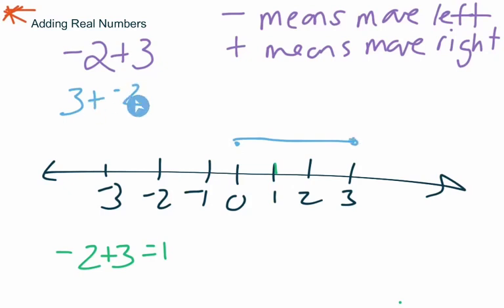And now we're going to add a -2, which of course the negative means we go to the left. So we would start here and go 1, 2 back. And you'll notice that we are still at the 1. So 3 plus -2 is equal to 1. Now that's something called the commutative property, which means that you can add in any order. Just make sure that you move the negative sign when you switch the order of the numbers.